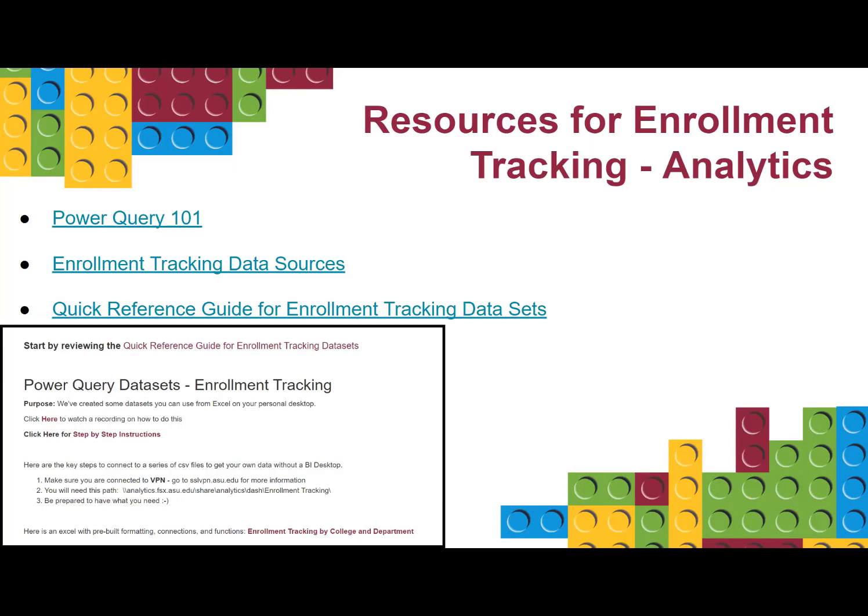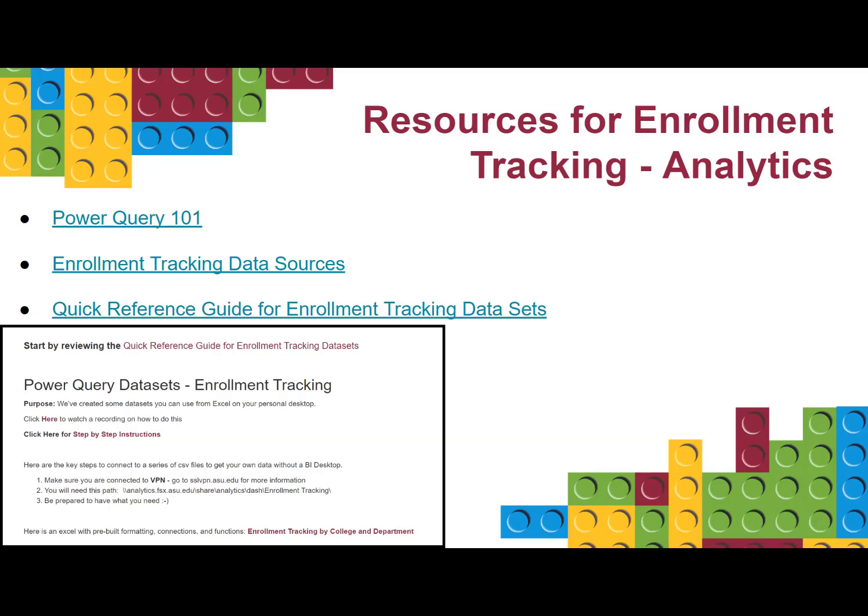Next one is our enrollment tracking data sources. You can get that through the enrollment and records on analytics. Enrollment records and then the enrollment tracking reports page. If you go to enrollment and records on analytics, there's a page called the enrollment tracking data sources.